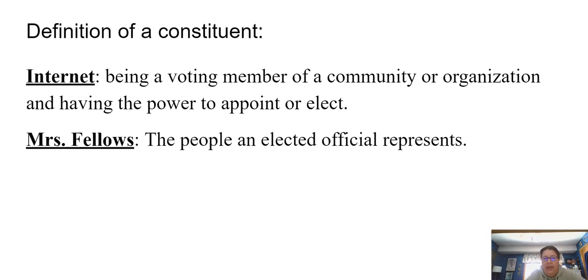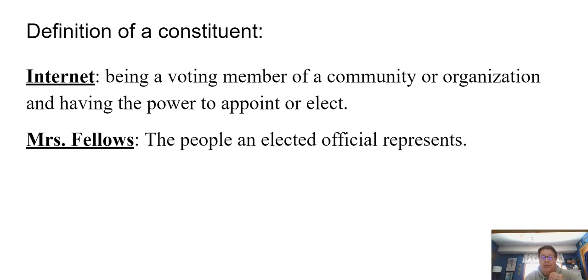Now, the internet will say it's a voting member of a community. I like to look at a constituent as the people an elected official represents. Because when someone is elected, they are accepting the task of representing a population of people. And depending on which constituency they are elected from, the people they're representing might be a different group of people than other members in different elected positions.